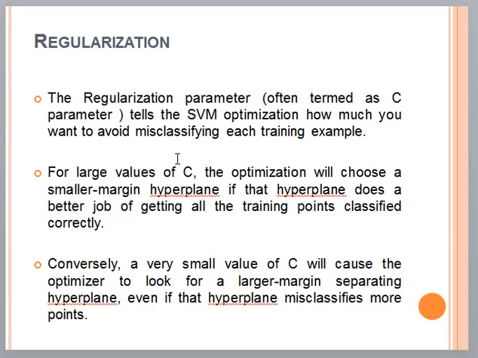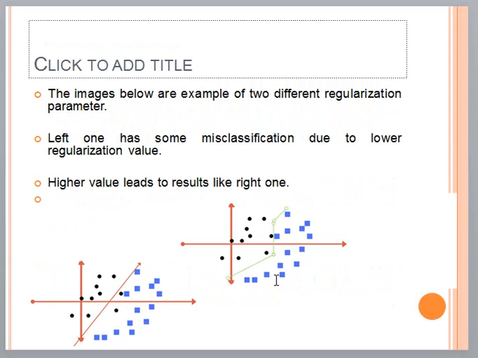Conversely, if we select a small value of C, it will cause the algorithm to look for a large margin, right? So it depends on what our problem is and how our data set is distributed, and on the basis of these two things we can decide whether we want a larger or a smaller value of C. The images below are examples of two different regularization parameters, right?